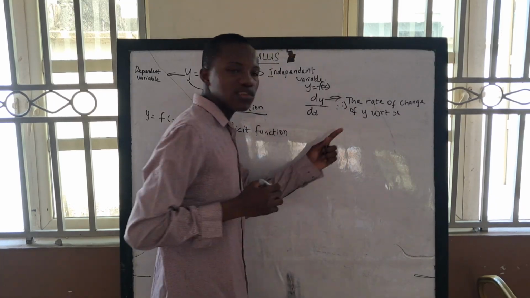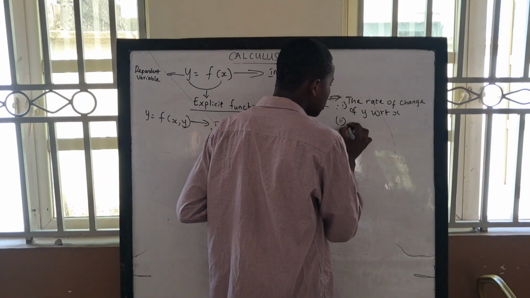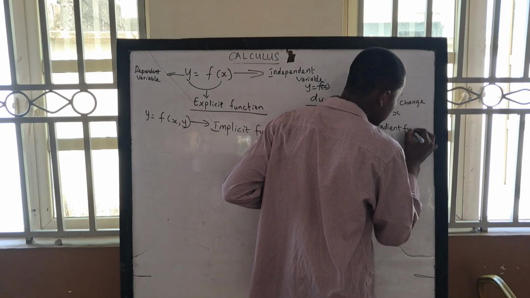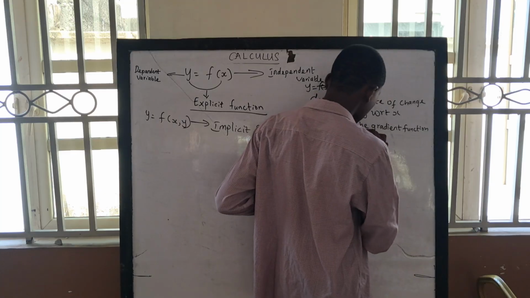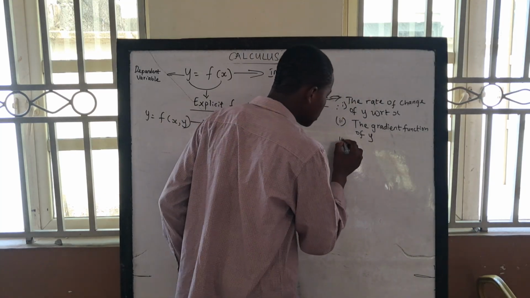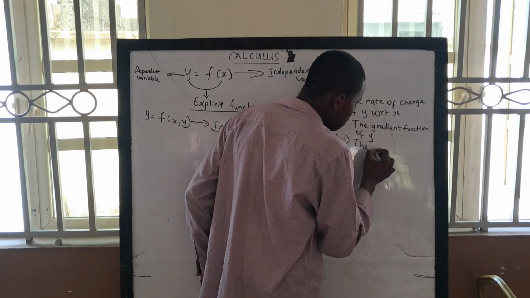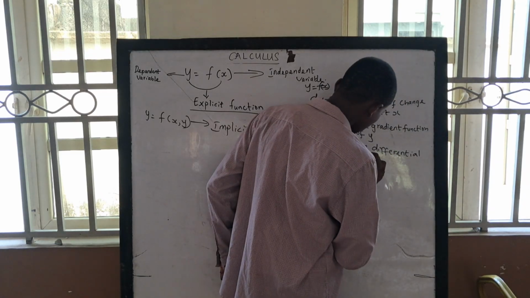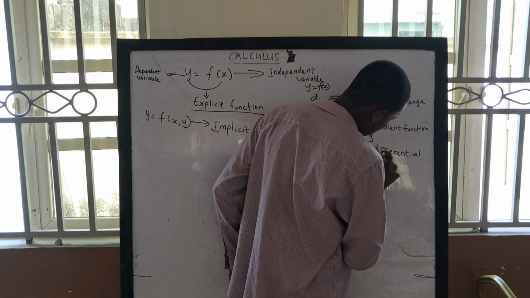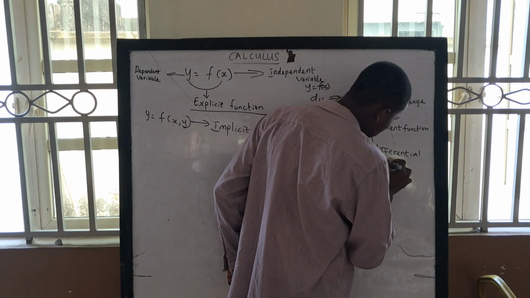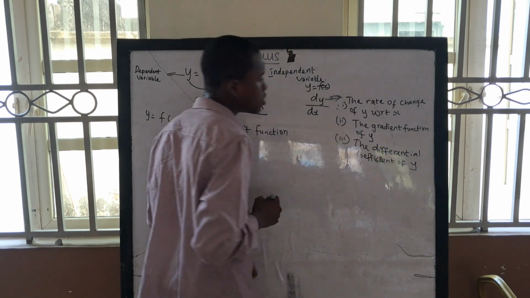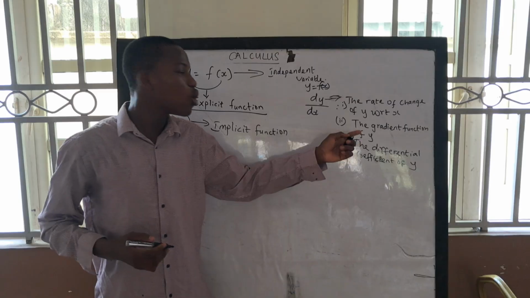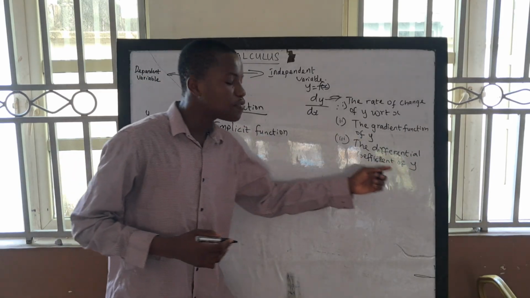Either you see this, or you see this, the gradient function of y, or you see this, the differential coefficient of y. Right? So these are the three names. Either you say differentiate, or find the rate of change of y with respect to x, or the gradient function of y, or the differential coefficient of y.